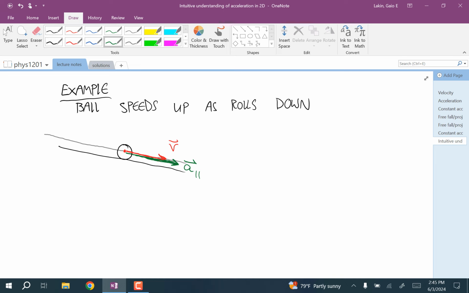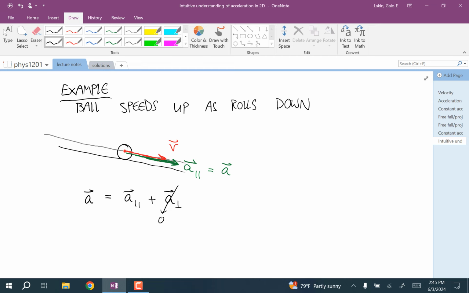This is moving along a straight line, so it's not turning. And so for the total acceleration, which is always equal to the sum of the two parts, this one is 0. And so this total acceleration we know is in that direction down the ramp. So this is an example where it's changing speed, but it's not turning.